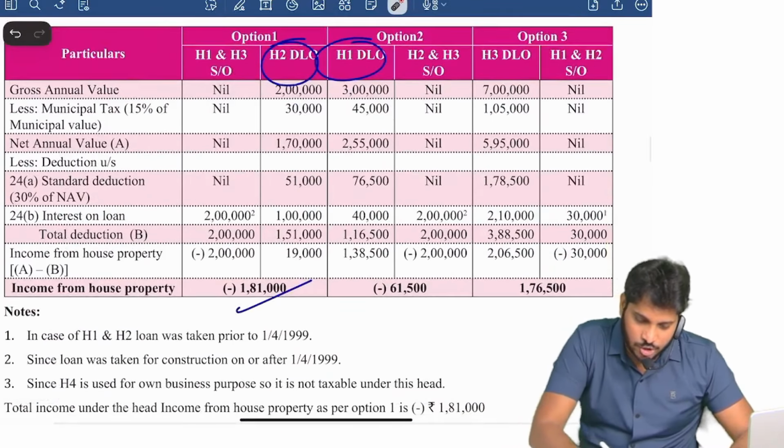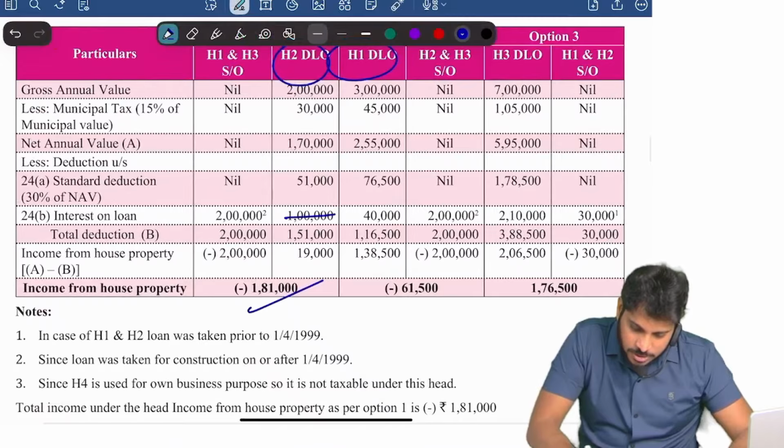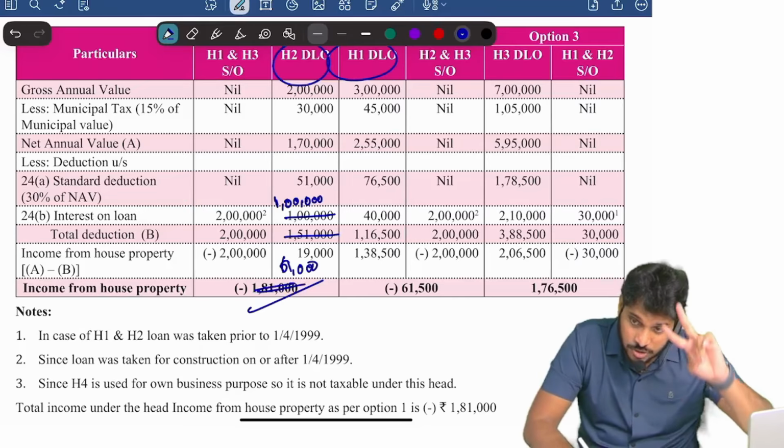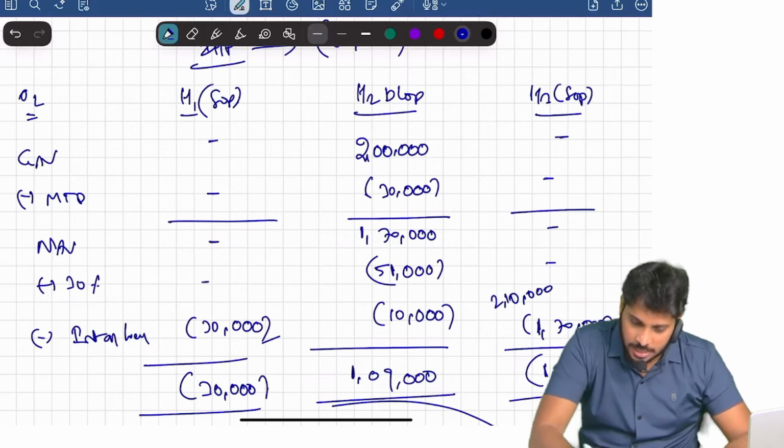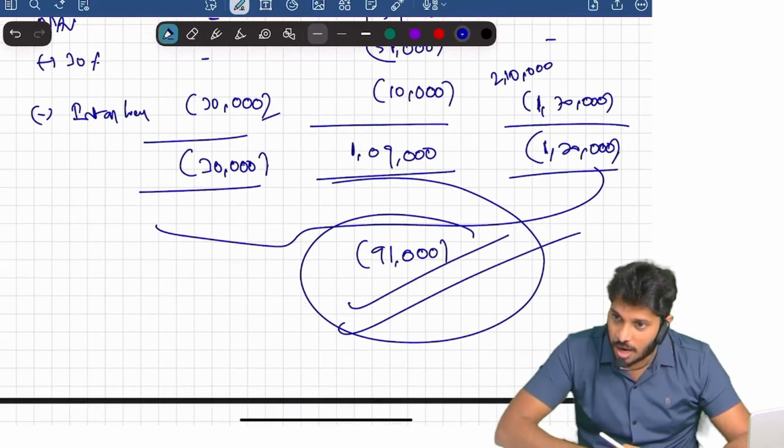So it's actually interest, how much it is? 1 lakh. Correct? Okay, which means here they will get 51,000 only income. Here they will get 90,000 extra income. They showed 90,000. So actual loss is only 91,000. For us we got how much? 91,000 only we got. Are you clear?